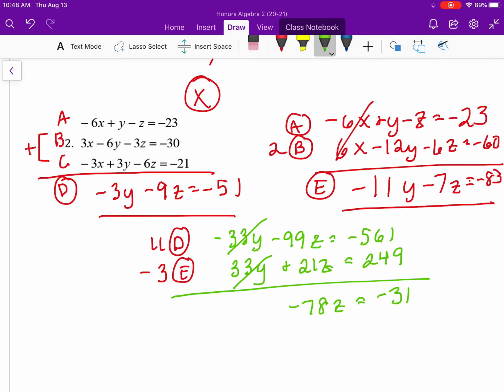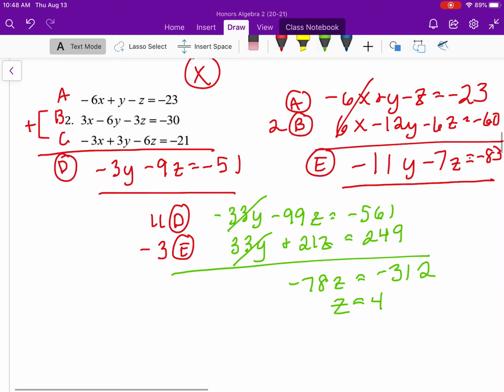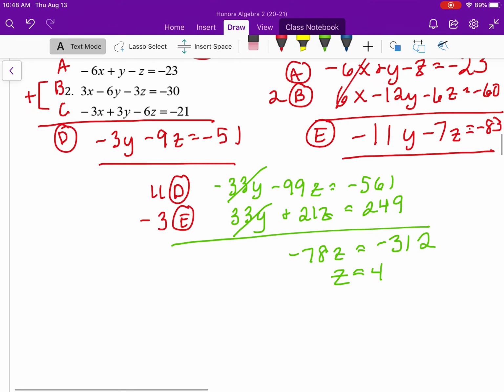We'll get -78z equals -312. And we get z equals 4. Okay? Once we get one, we kind of work our way backwards. Plug in z equals 4 to either D or E.